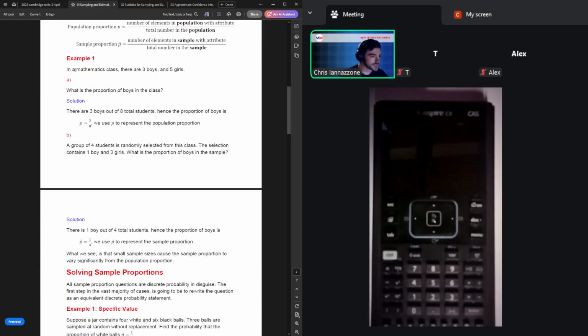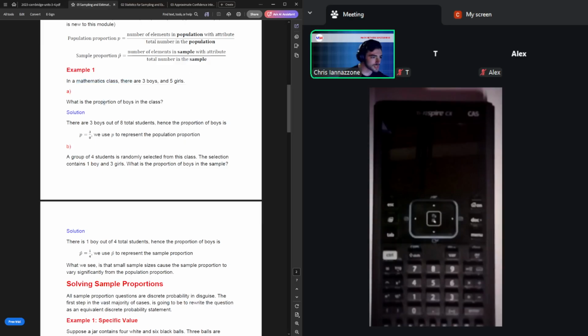So if we look at a few examples, we've got a math class, 3 boys, 5 girls. What is the proportion of boys in the class? Well, there's 3 boys out of a total of 8 students. So p is going to be 3 out of 8. The population in this case is the given class. If I then said a group of 4 students is randomly selected from that class, this is now a sample.